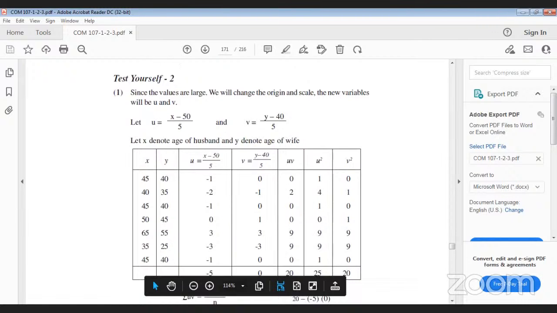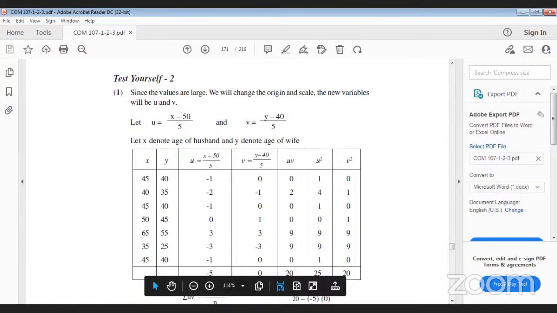For y: 40, 35, 40, 45, 55, 25, and 40. Let us assume u equals x minus 50 upon 5.